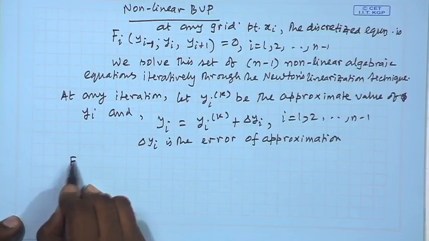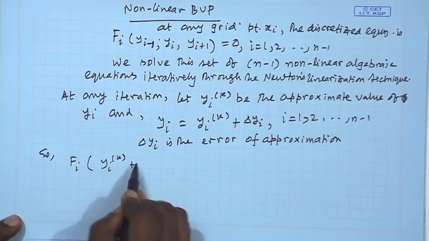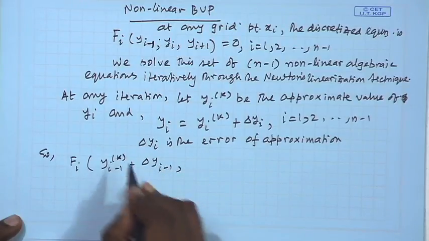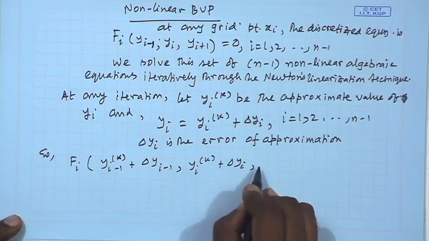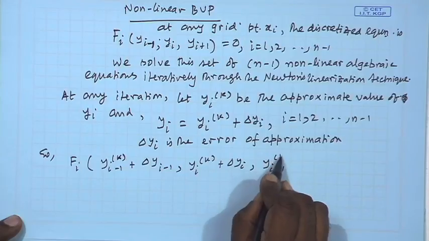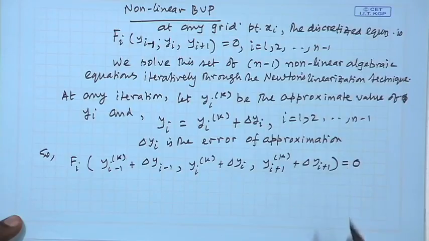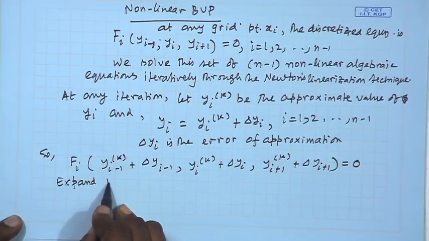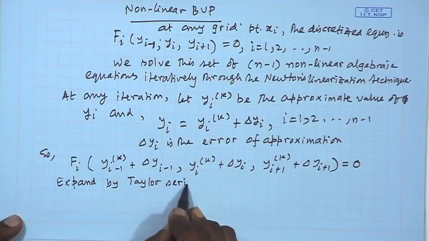So, if I substitute, we must have phi of yik plus delta yi minus 1, yik plus delta yi, yi plus 1 k plus delta yi plus 1. Basically what we need is to find these errors. To do that, we expand by Taylor series as we did for the Newton-Raphson method.